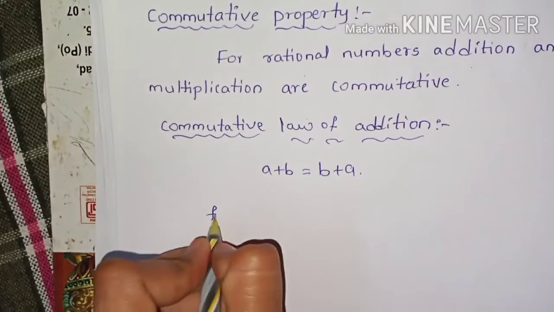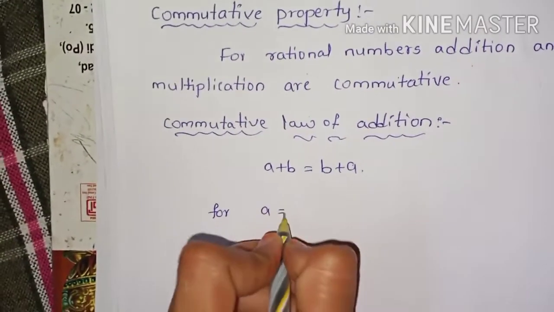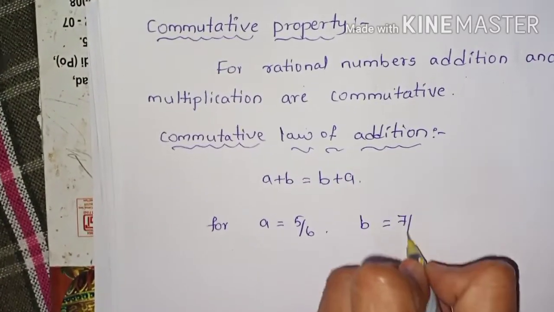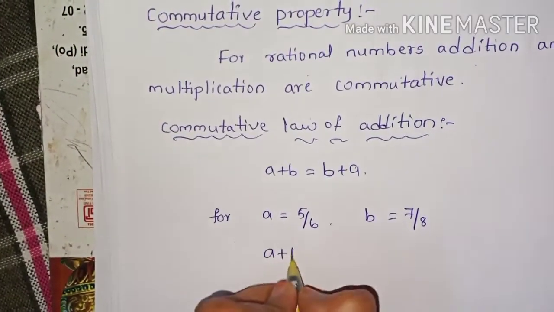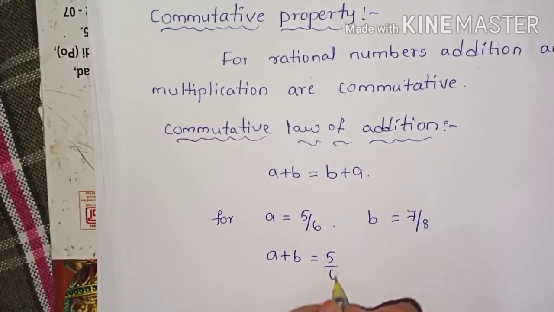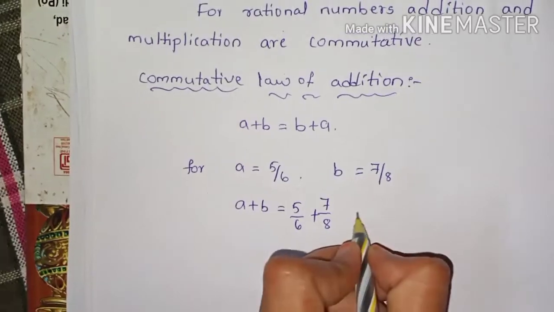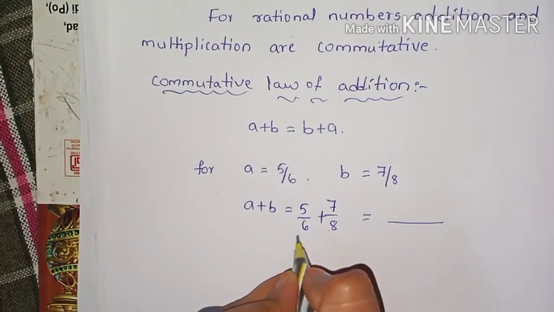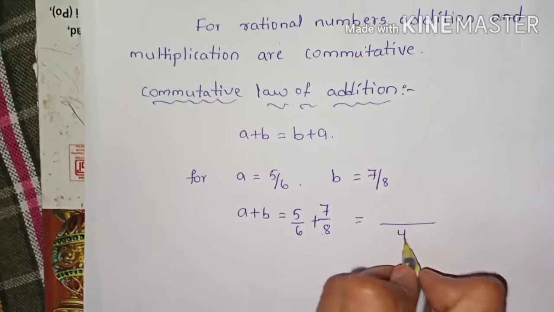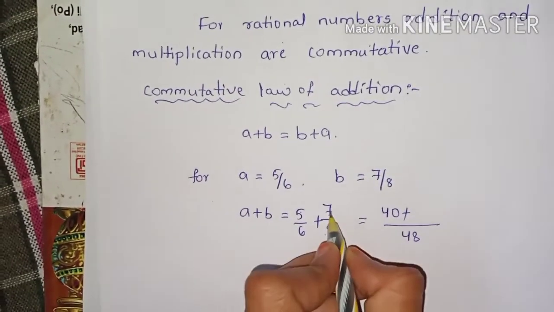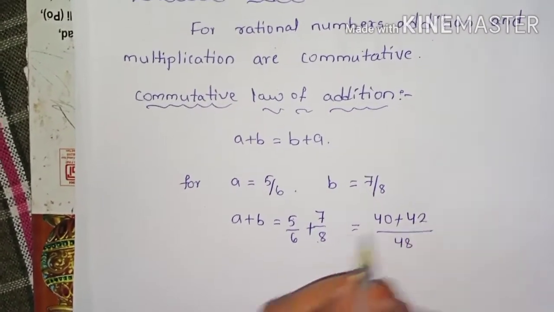For example, let the value of A be 5/6 and the value of B be 7/8. What is the value of A plus B? 5/6 plus 7/8. 6 8s are 48. 8 5s are 40. 6 7s are 42.